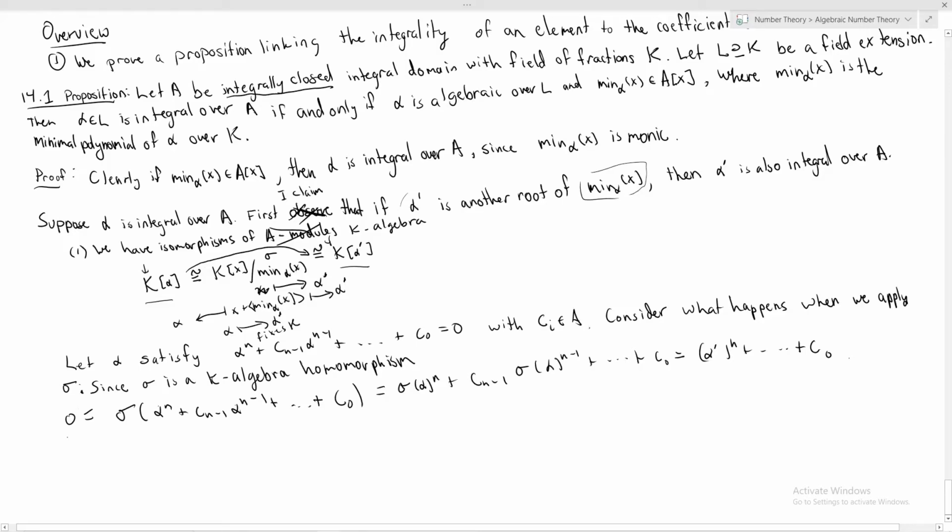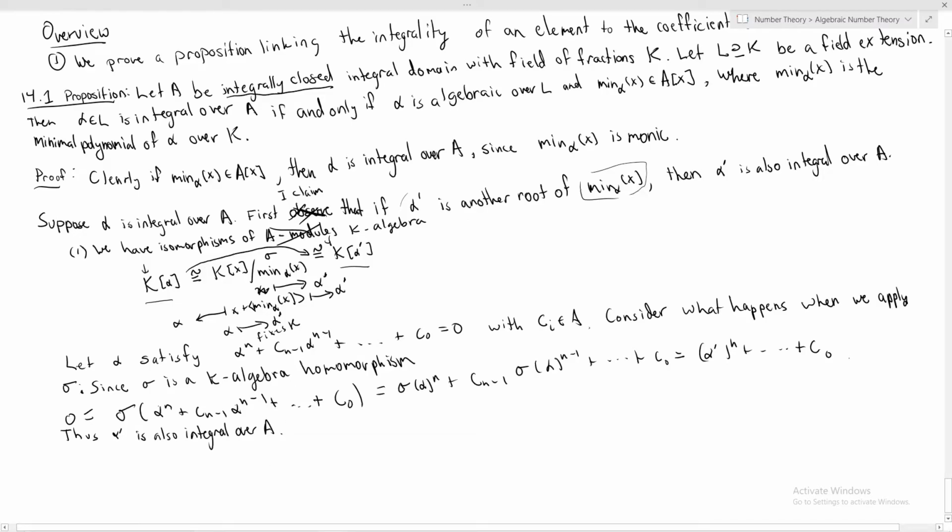Thus, alpha prime is also integral over A. So what does this tell me?